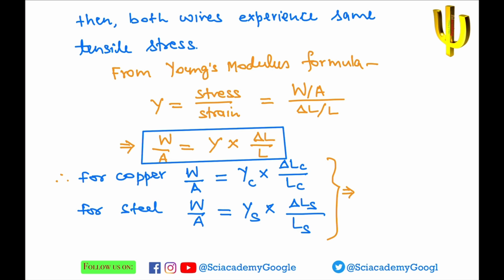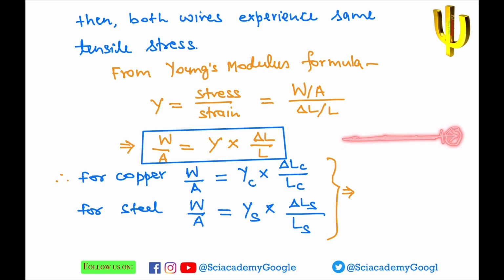YS is the Young's modulus of the steel. Since the two wires are connected end to end and some external force is being applied, the tension or stress in the wire will be the same.